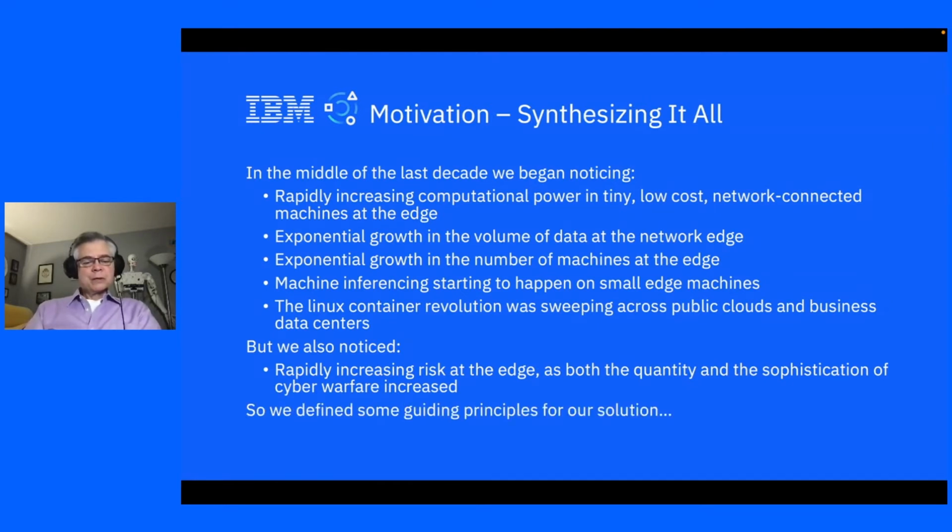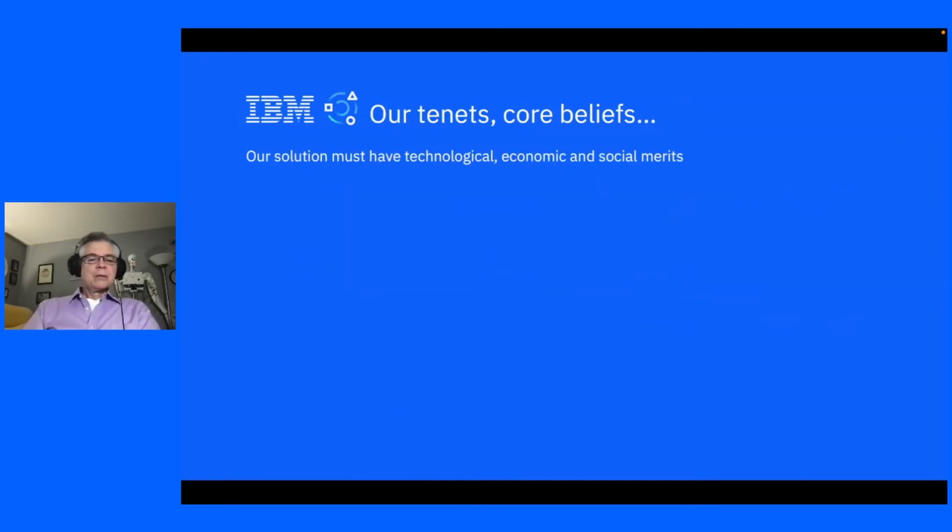So we defined some guiding principles for our solution to this problem. First of all, we insisted that it must have technological, economic, and social merits. And the data volume was growing faster than bandwidth to the cloud. So we have to change this model where the edge devices just pump data up to a cloud. It's not going to work as the number of devices and the volume of data increases.